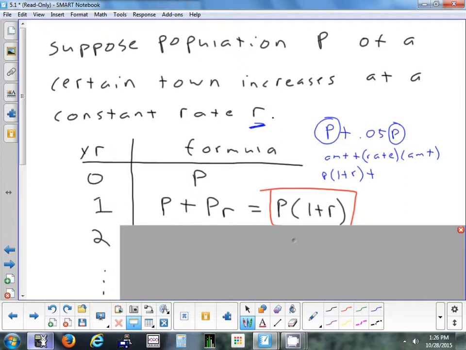P times 5%. Yeah, just in general. So P times 1 plus R. You could write it as your amount is P times 1 plus R, your rate is R, your amount, that's P times 1 plus R. This amount is always repeated at the beginning and the end.